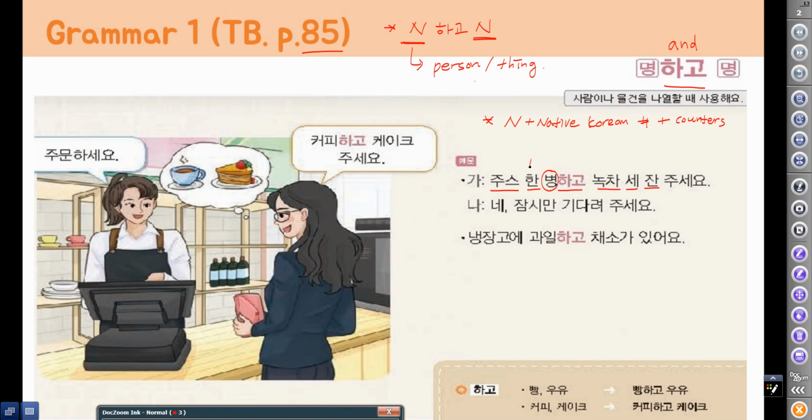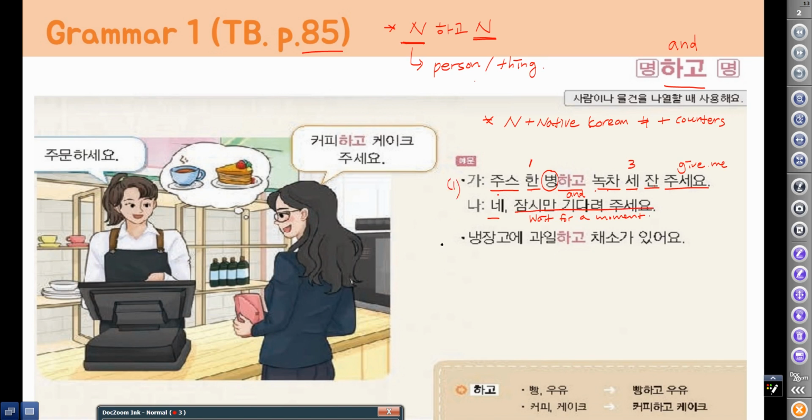A bottle of juice and 3 cups of green tea. 주세요, please give me. Please give me a bottle of juice and 3 glasses of green tea. 네, 잠시만 기다려주세요. Please wait for a moment.